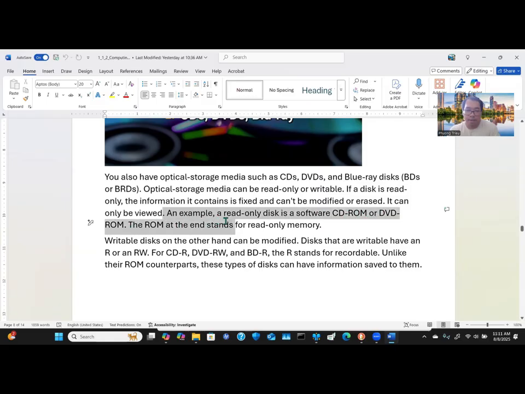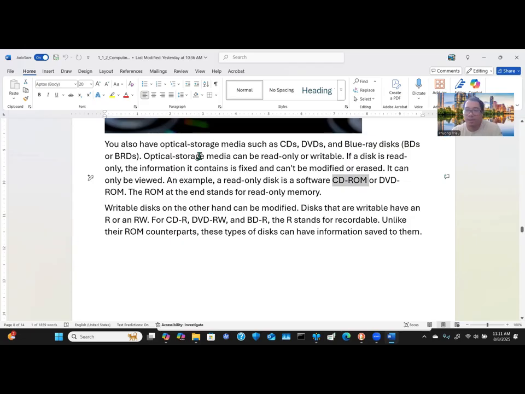The ROM at the end stands for read-only memory. So for this phrase, you can say CD read-only memory, DVD read-only memory. Right, cool. Like you insert a DVD into your computer only to watch movies and nothing else.